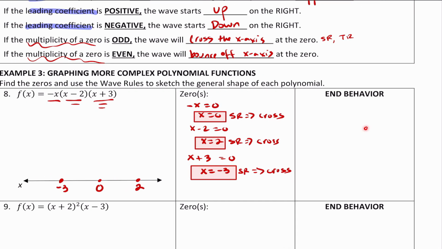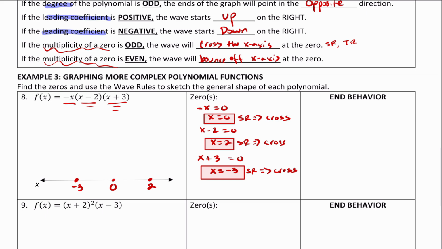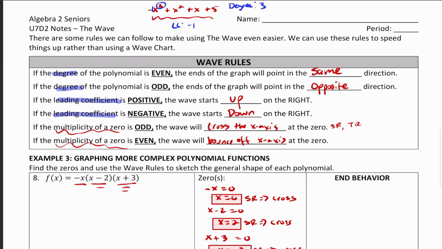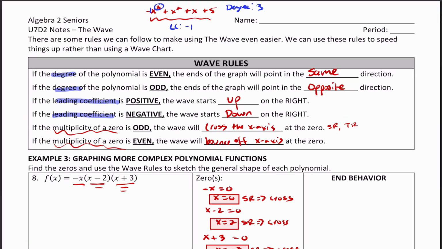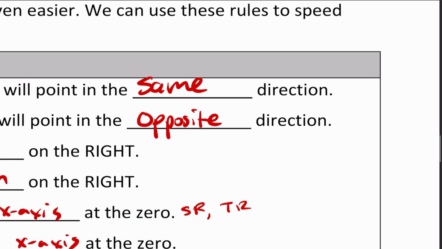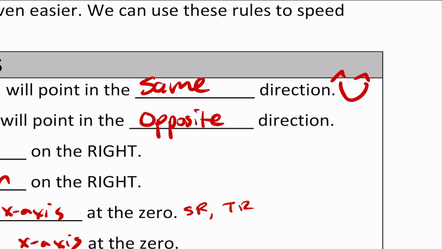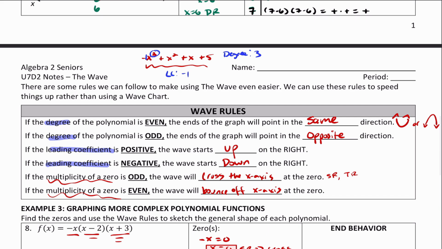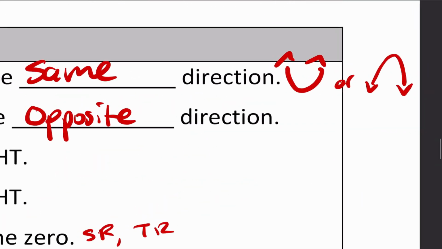The next thing we have to do, and we're going to use this box this time, is figure out how the function behaves. Going back to the rules: if the degree of the polynomial is even, the ends of the graph will point in the same direction, so you can have something like this or something like that. Both ends point up, or both ends point down. If the degree of the polynomial is odd, the ends of the graph will point in opposite directions.